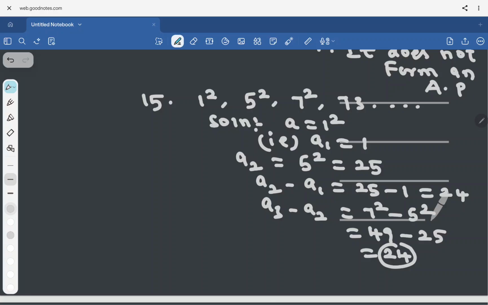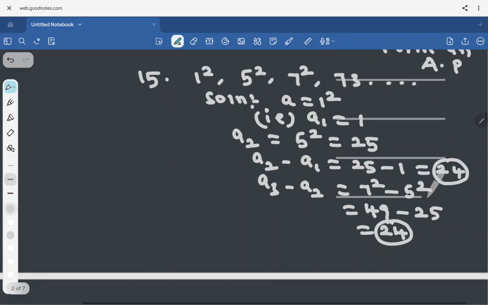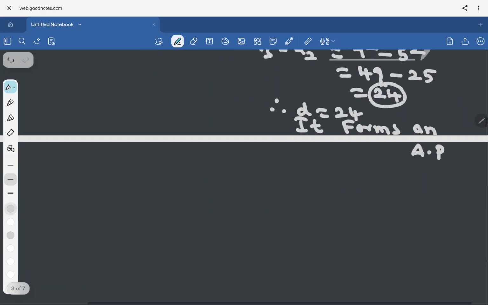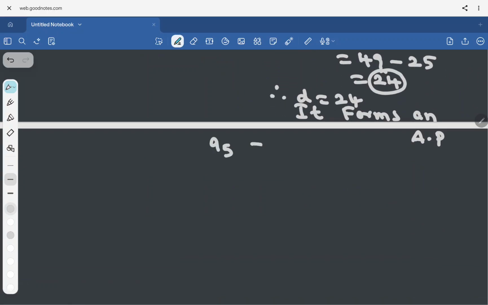Here common difference d is 24, which is same, which is equal, therefore d equal to 24. It forms an AP.